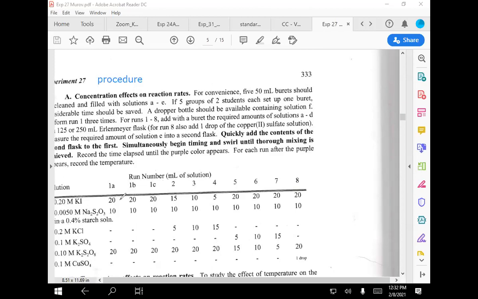So 20 milliliters of 0.2 molar potassium iodide in test tube 1A or beaker 1A. 10 of the sodium thiosulfate, 20 of this the S2O8, and then nothing of this. So you're repeating this 3 times because you want to have good data. You notice what happens then is we change the amounts.